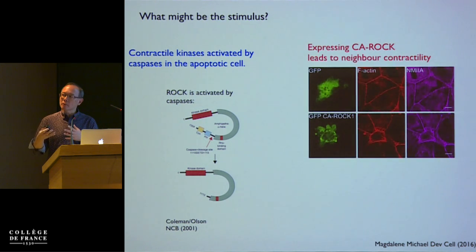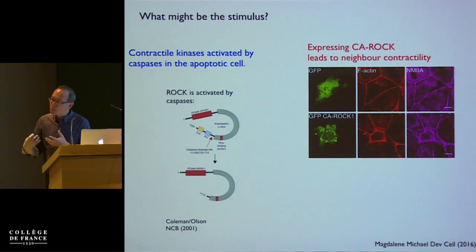You can see that in epithelia, because in this case, the apoptotic cells undergo blebbing, as you saw before. And importantly, you can reproduce the extrusion response just by expressing a constitutively active Rho kinase that induces blebbing and also the generation of an actomyosin ring in the neighbors that ultimately will extrude this transgene-expressing cell.